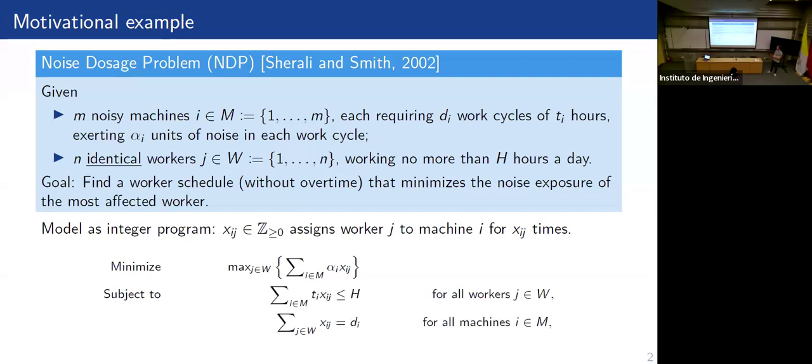Then we have two classes of constraints. The first constraint says that the total time of the tasks that the worker is assigned to cannot be higher than the time horizon, the number of hours in a day, and all tasks need to be executed. And the variables have to be non-negative integer variables.